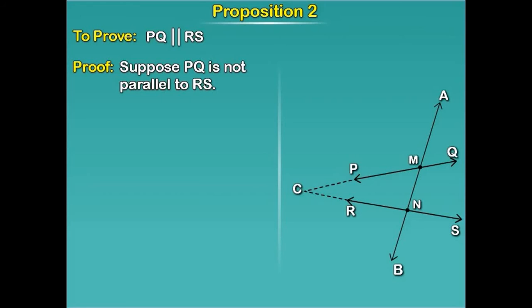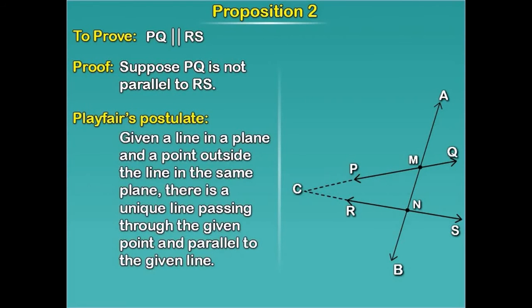Now, according to Playfair's postulate, given a line in a plane and a point outside the line in the same plane, there is a unique line passing through the given point and parallel to the given line. Thus, there exists a unique line DE such that DE is parallel to AB.